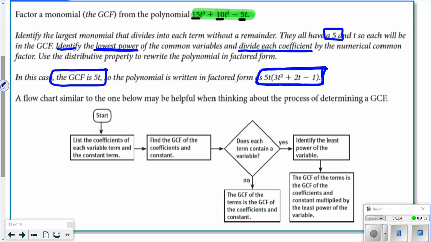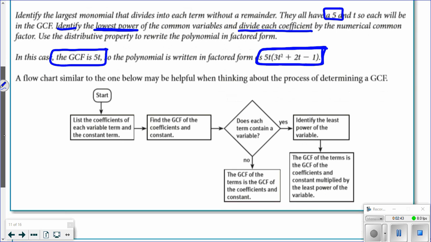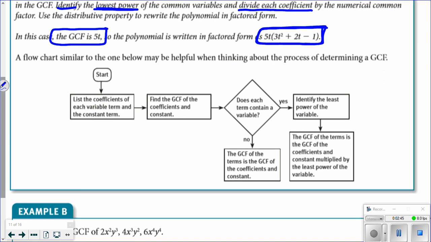Okay, but let's look at the flow chart. This is one of the main reasons why I wanted us to look at this mini lesson. So when we're trying to find the GCF, we are going to pay attention to the coefficients, the numbers in front of the variables.